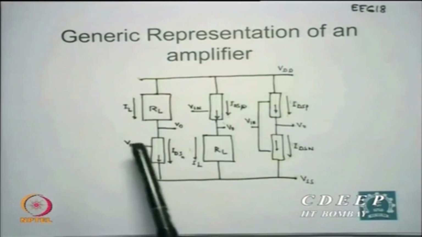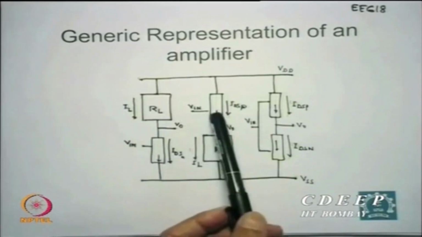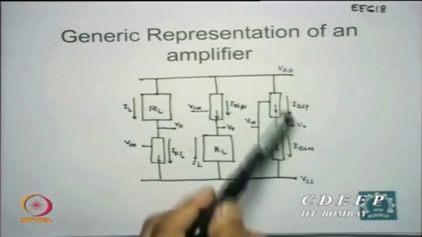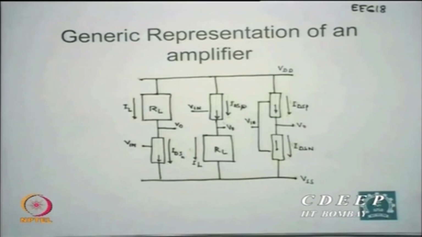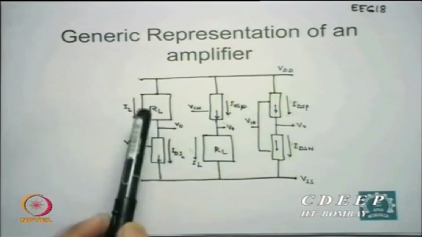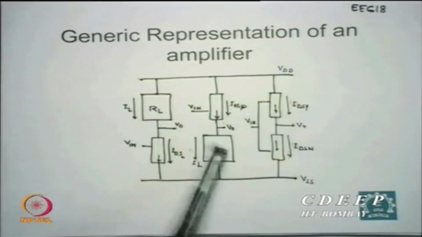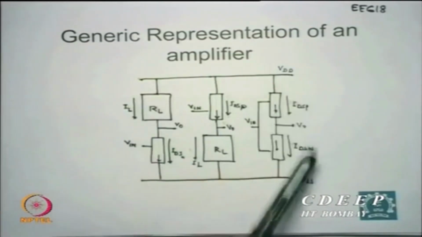So one can have an n channel device or a p channel device, both for amplifiers. And if we make a combination of the two, a p channel device and an n channel device connected at the gates, we call it a complementary MOS or CMOS amplifier. So to some extent, each transistor behaves as a load for some time.